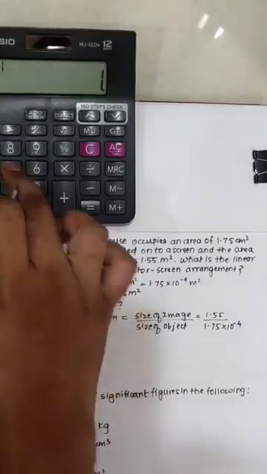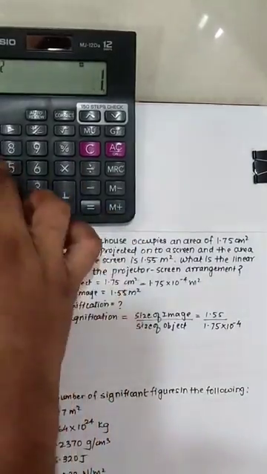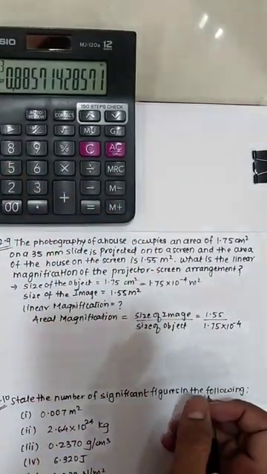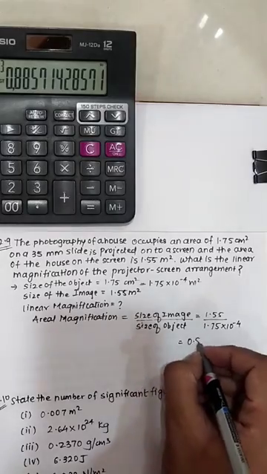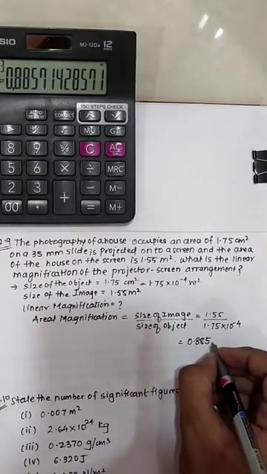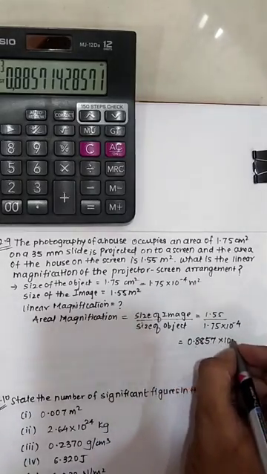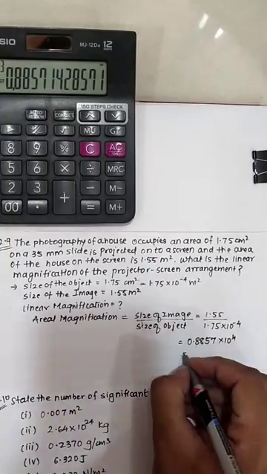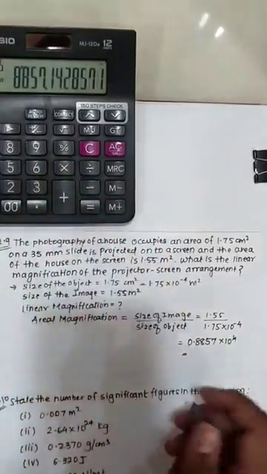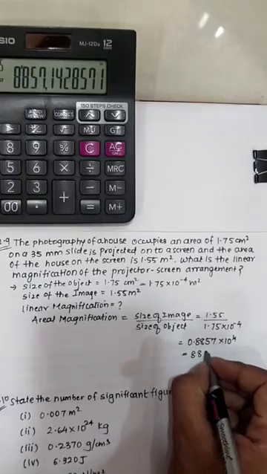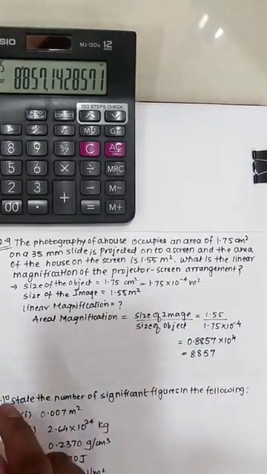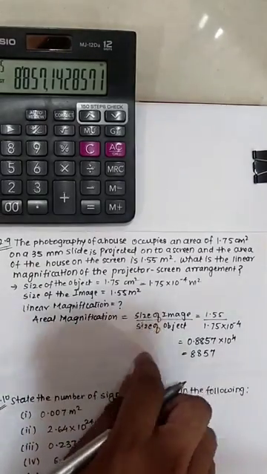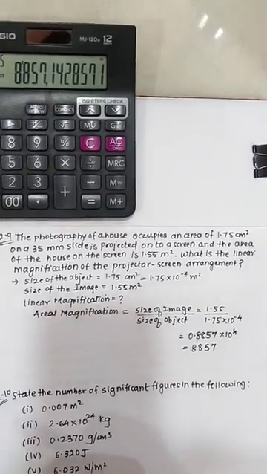So 1.55 divided by 1.75, I am going to get 0.8857 into 10 power 4. This minus will move up and become 4, so I am going to get 8857. Clear? There will be no unit because it is a ratio of two same quantities, image by object.